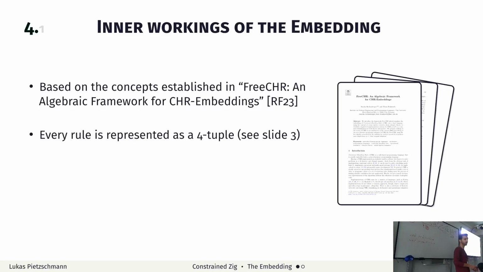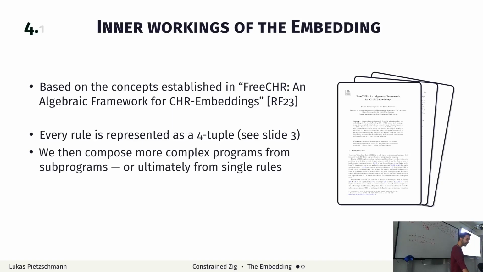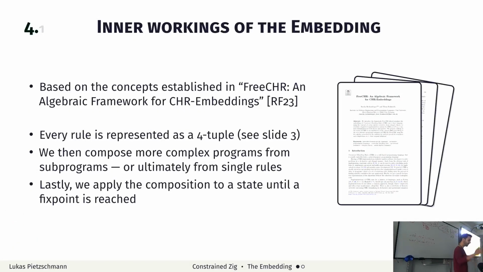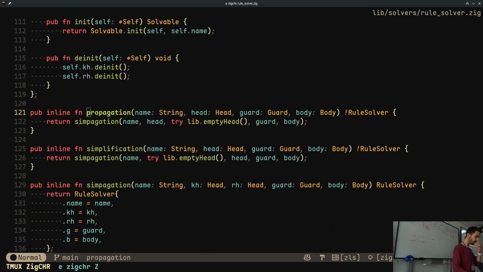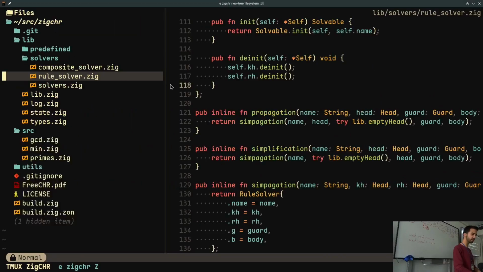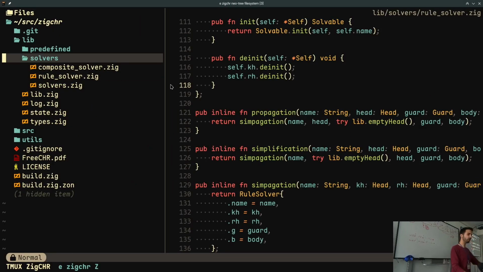We also saw this in the code. And generally, a program is composed of multiple solvers or rules. Maybe it's smartest to also show this inside the code. Just a second. So I organized them all inside this solvers directory.